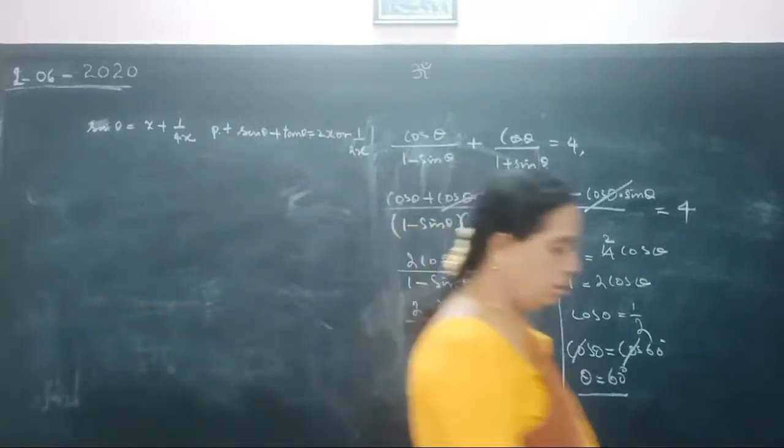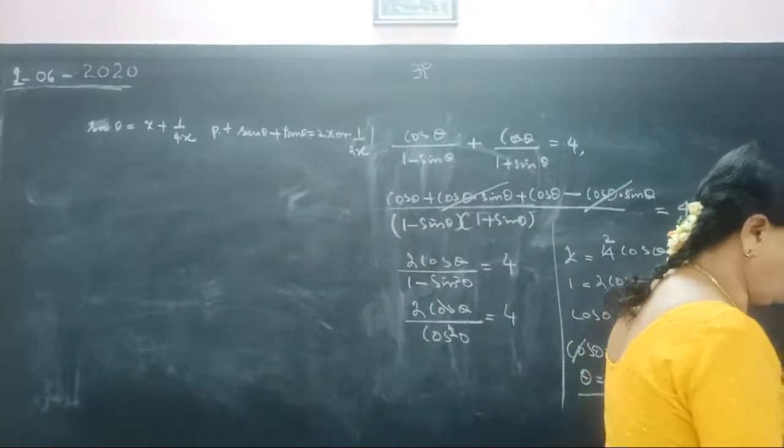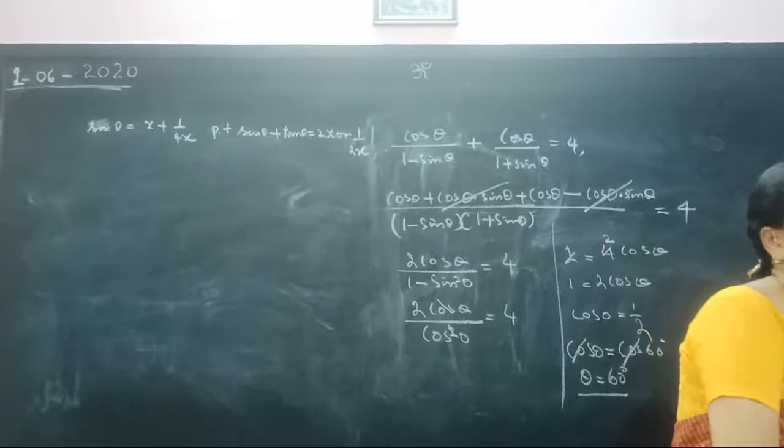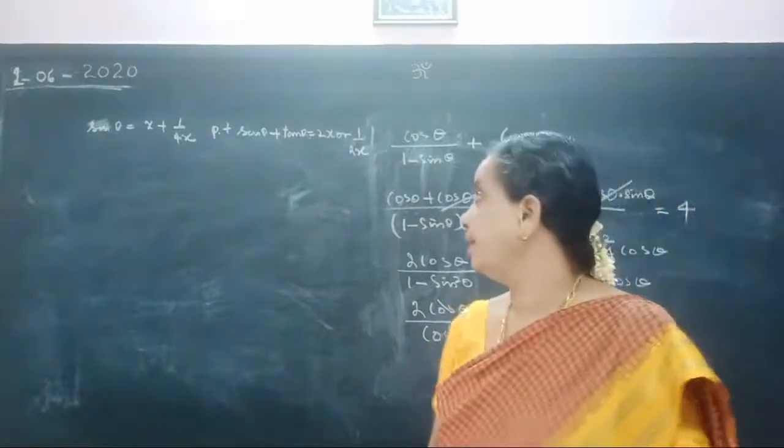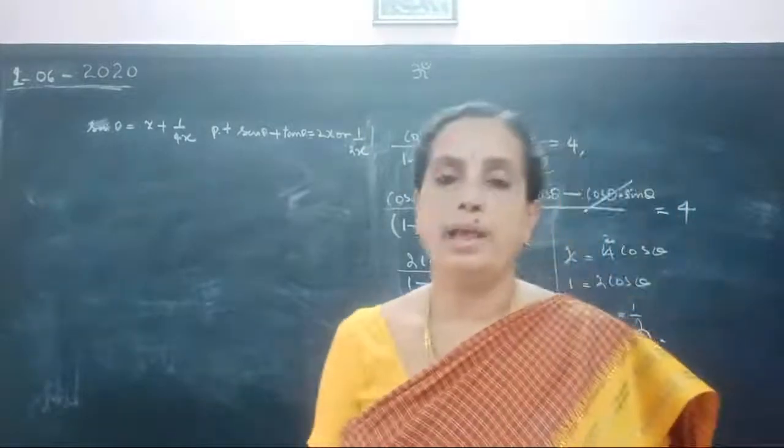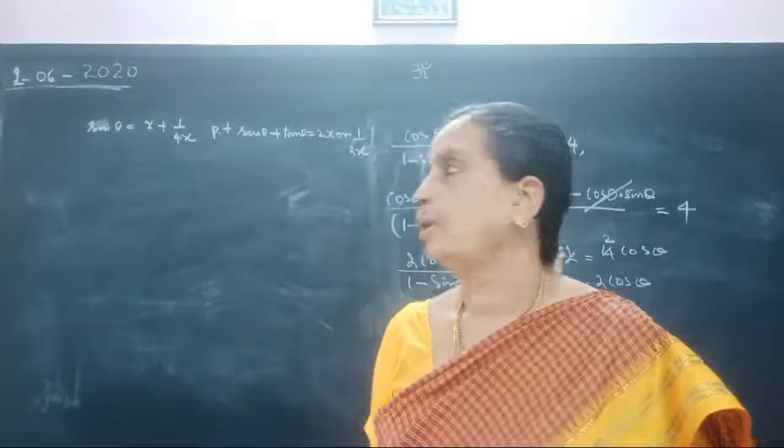Given the condition in terms of theta, secant theta, we have to prove secant theta plus tan theta is either 2x or 1 upon 2x.